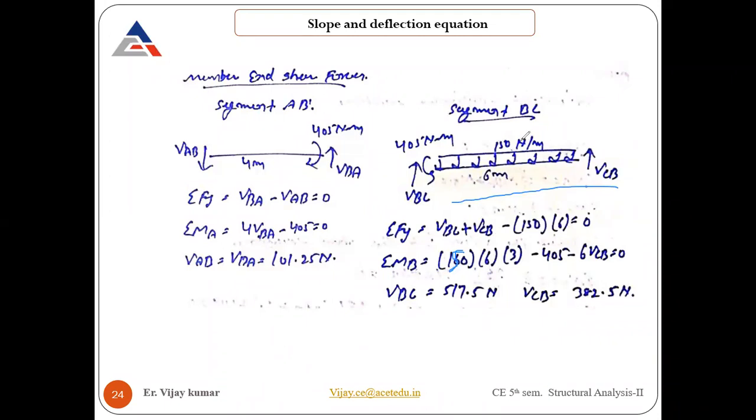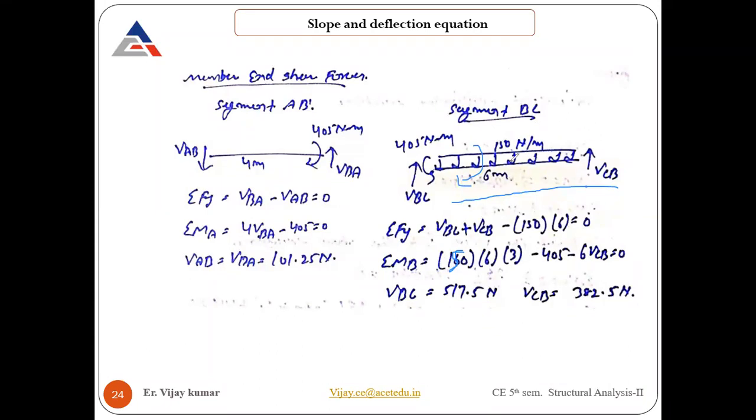150 is the UDL, so please convert it into a point load. 150 into 6 will be the area, put at the centroid, and multiply by the remaining distance, which is 3, with minus since it is rotating in this direction about point B. That's why it is considered positive. This obviously comes out negative, minus 405.